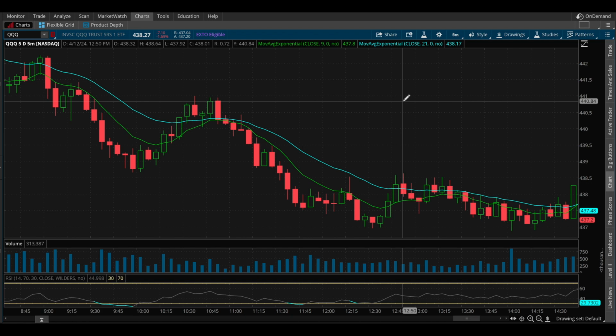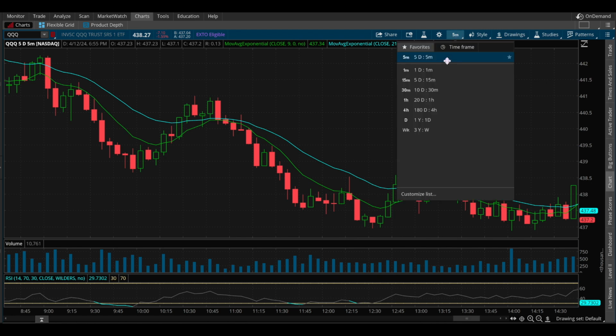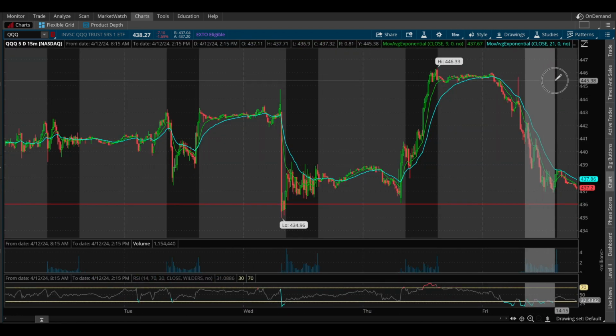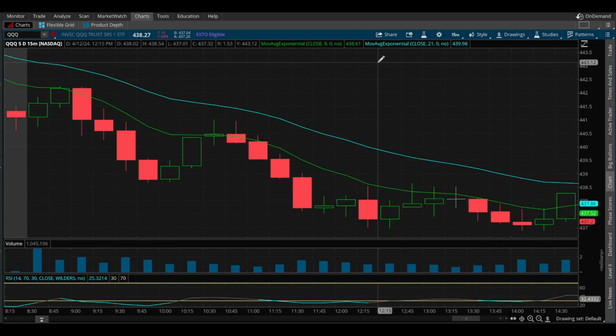I hope you guys are trying to see the pattern that I'm pinpointing. I'm going to drop it down to a 15-minute, that way you can see from all kinds of areas. Again, 12:30, 12:45.